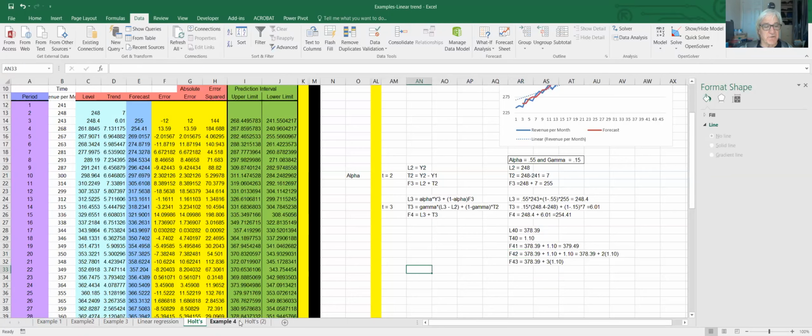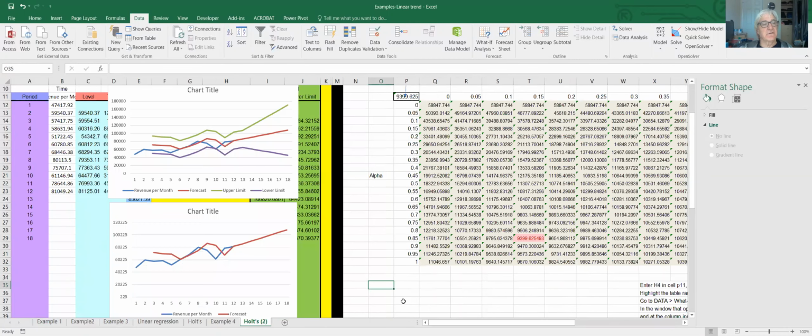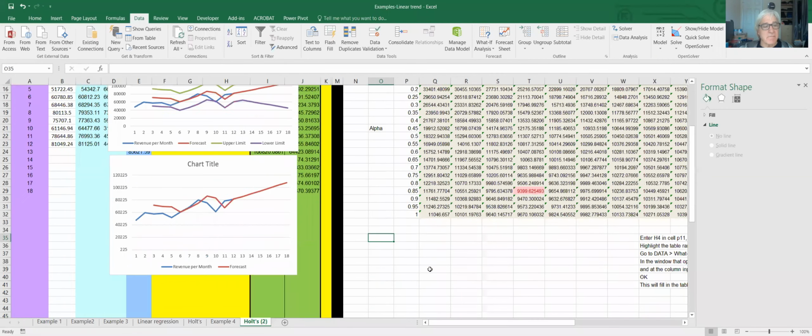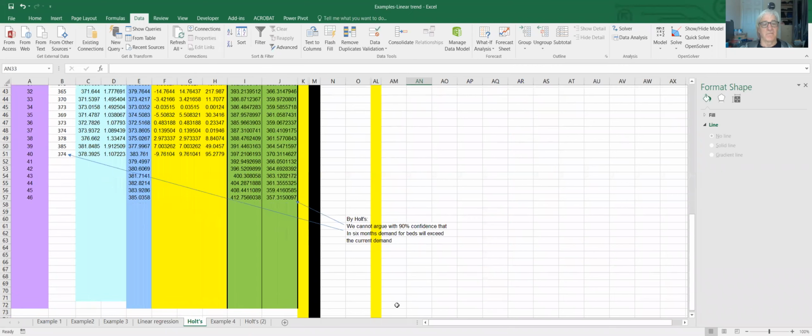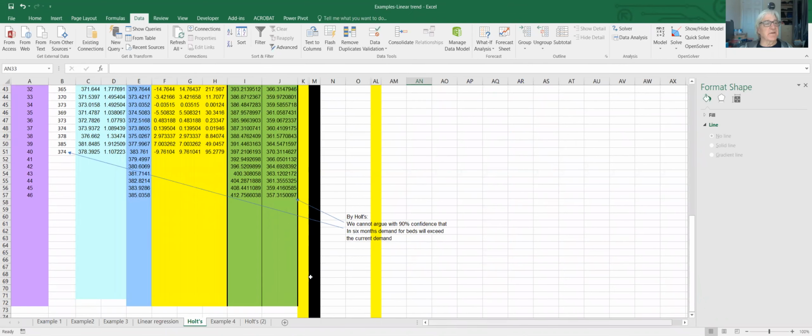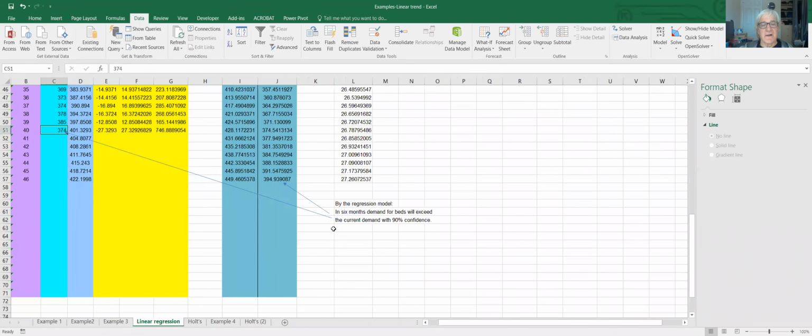Just as a matter of curiosity, take a look. Do you remember that for the regression, in 6 months, demand for beds will exceed the current demand because this number here was above 374?